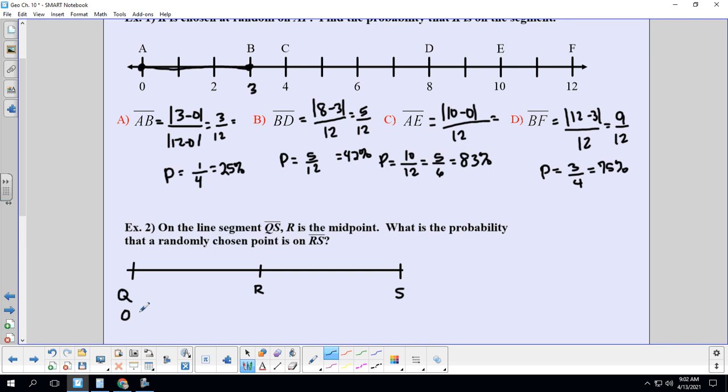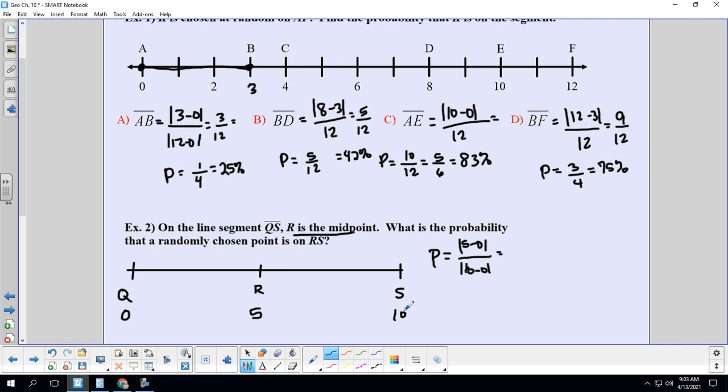So if we say Q is at 0 and S is at 10, where does R have to be in order to be the midpoint? It can be at 5. So then your problem would be, the probability is 5 minus 0 over 10 minus 0. And it would work if this was 100.